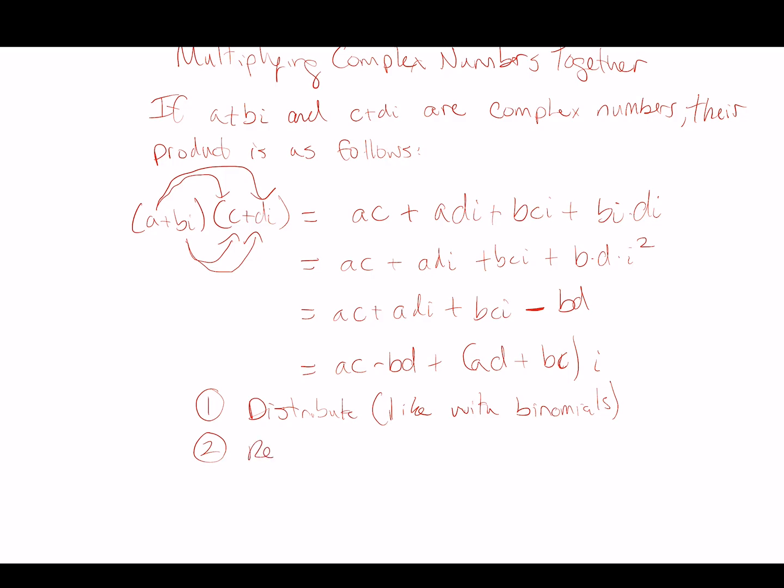And then recall from the definition that i squared is equal to negative 1. And finally, group the real and imaginary terms from the product.